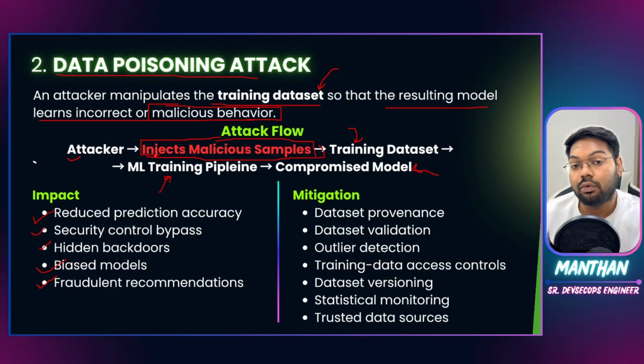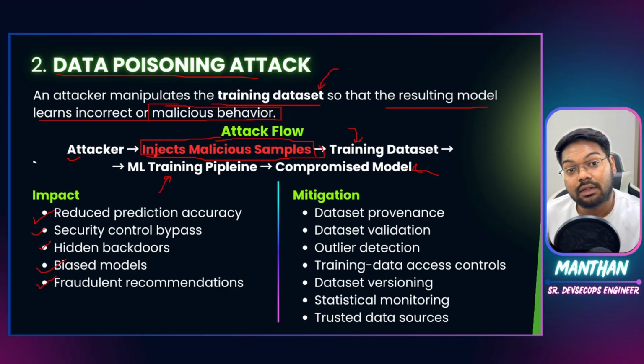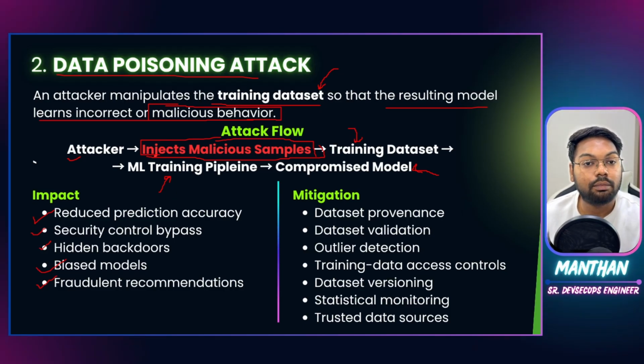They would say you need to purchase it from this shopkeeper, or you need the seeds, you need urea, you need these fertilizers from this particular person who is selling it online or offline. So these kinds of fraudulent recommendations could be there if there is a certain model being used by consumers. Okay, so how can we mitigate that?